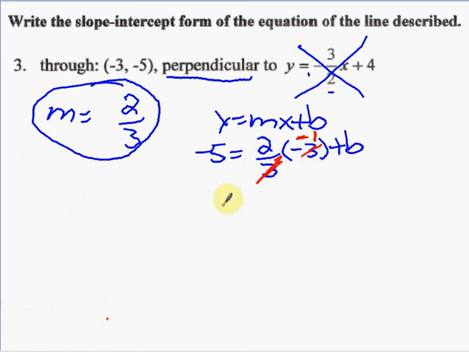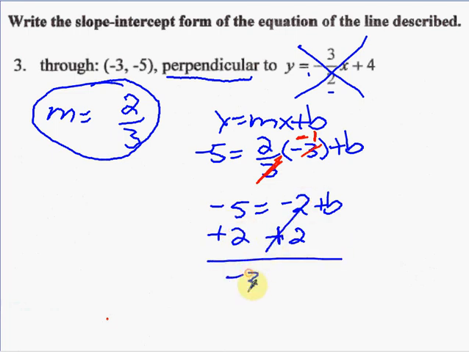So we have -5 equals -2 plus b. And if we add 2 to both sides, we get -3 is equal to b.